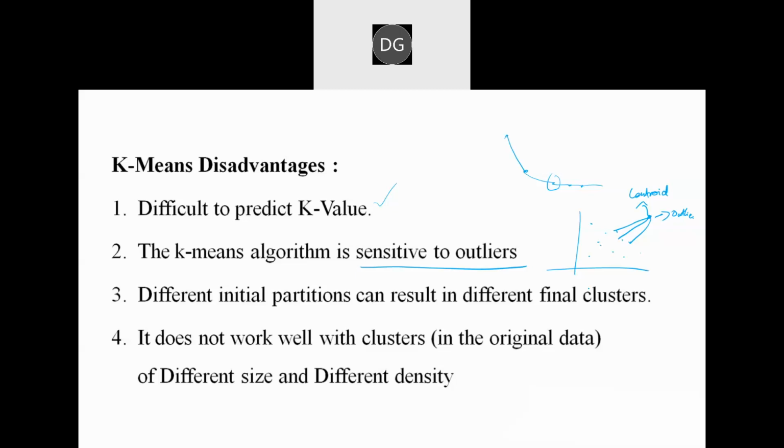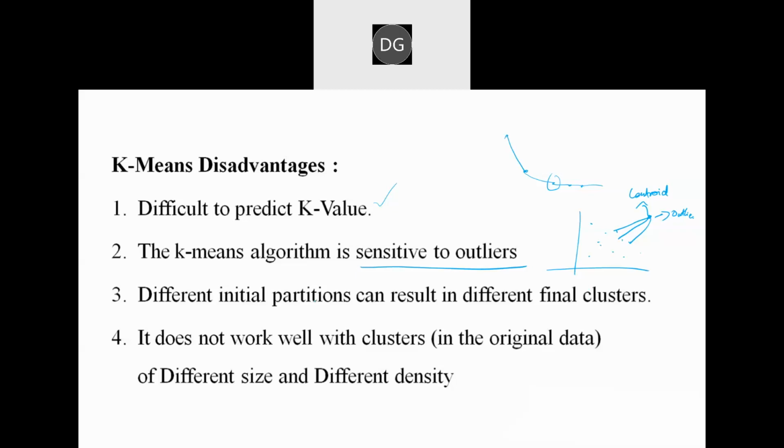Then if I do any further iteration, the remaining two clusters also will match the best fit. Suppose instead of 1, 4 and 7, I had taken 2, 5 and 8. It might have taken even more iterations to reach the result. So it will slow down our algorithm, and at the same time our performance also will be reduced. So that is what they are representing as different initial partitions resulting in different final clusters.